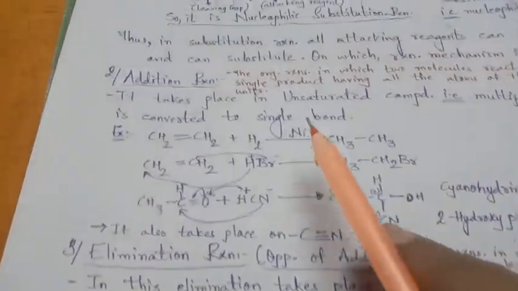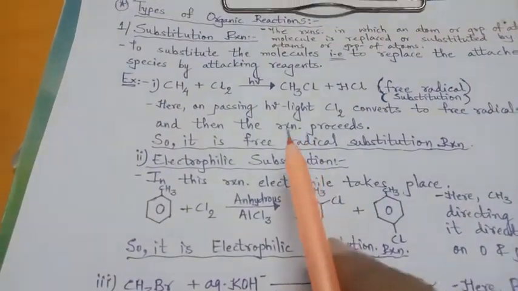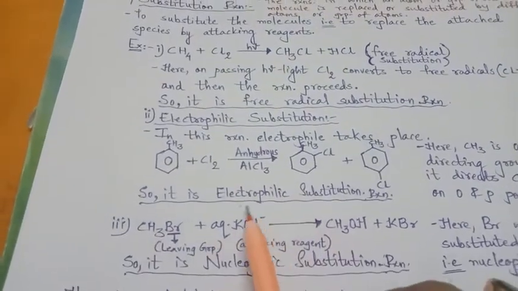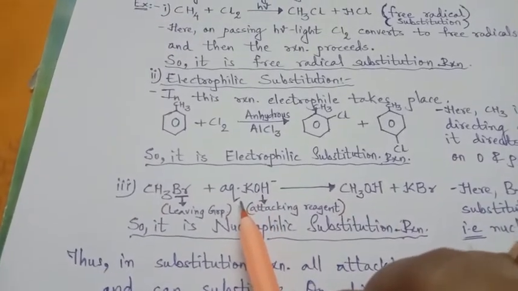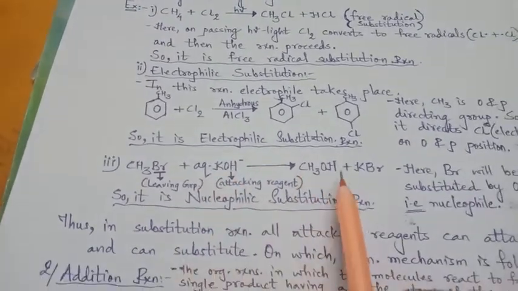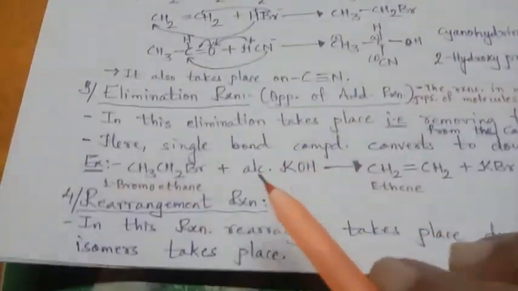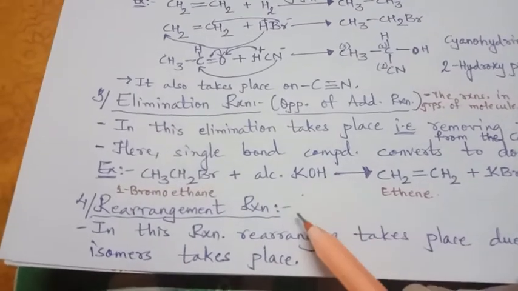In the previous reaction, in substitution reaction, if you remember, we took aqueous KOH. On reacting with aqueous KOH, substitution took place, giving CH3OH and KBr. Now when reacting with alcoholic KOH, elimination reaction will take place.